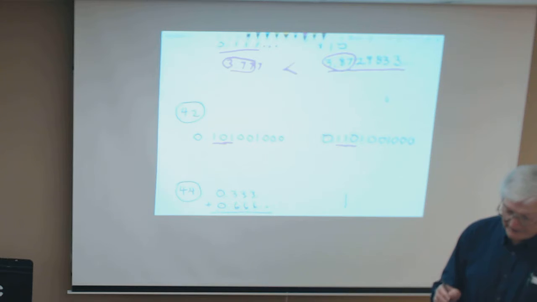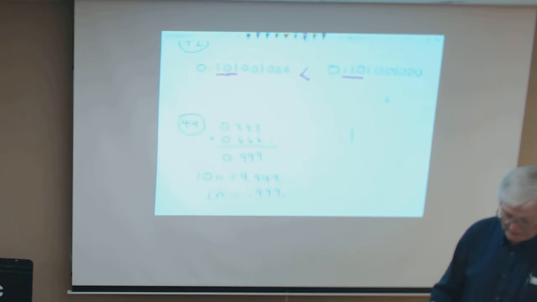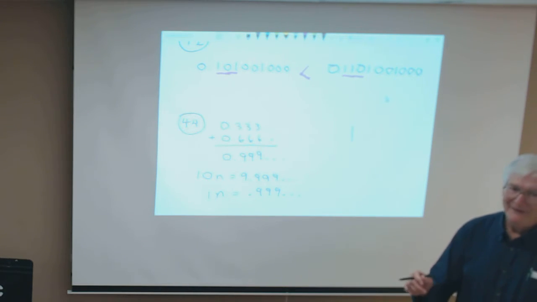Whether I say 10 and 11 over 100, or 101 and 110 over 1,000, what's going to be the connector here? Less than, greater than, or equal to? Is 101 less than, greater than, or equal to 110? Less than. Everybody follow that? Thank you.